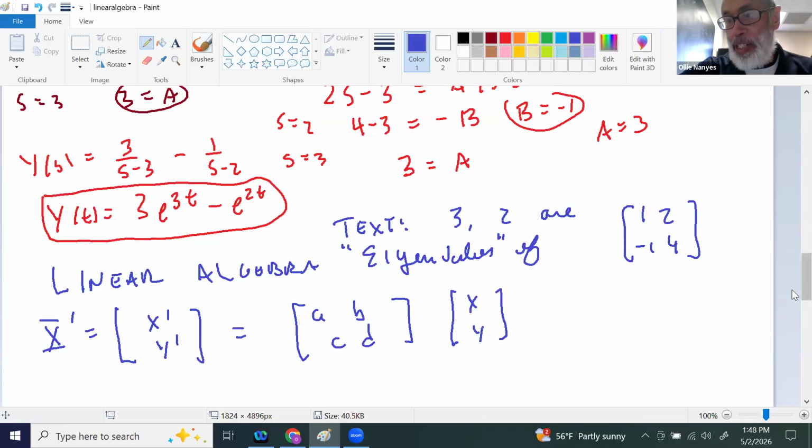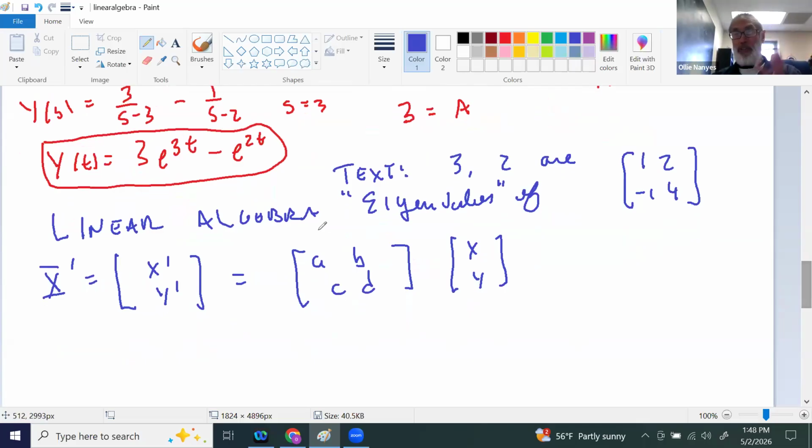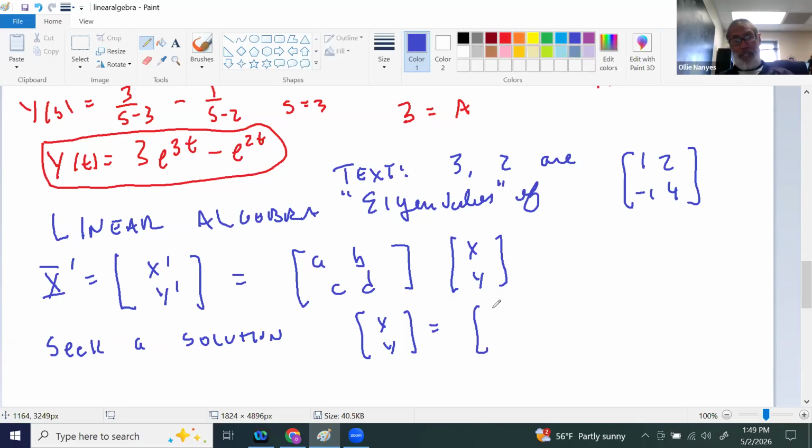Now, just like we did with linear differential equations with constant coefficients, we seek a solution where x, y will be some constant, let's say v1, v2, times e to the lambda t.